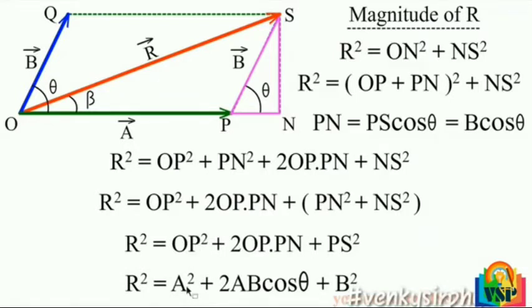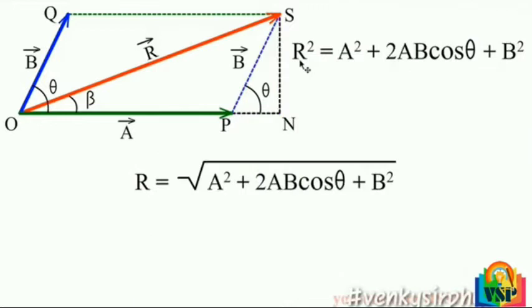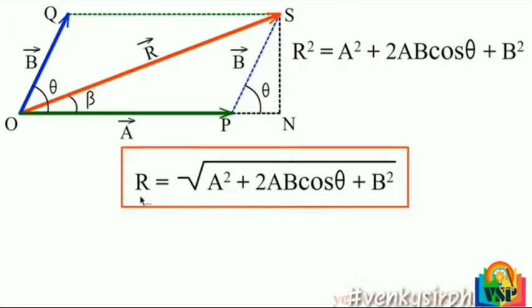OP is equal to A. We know that R square is equal to A square plus 2AB cos theta plus B square. So R is equal to root of A square plus 2AB cos theta plus B square. So this is the magnitude.